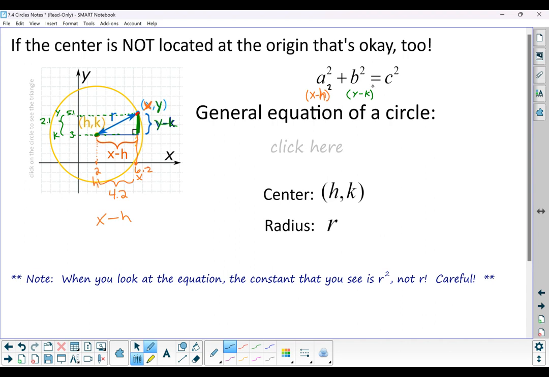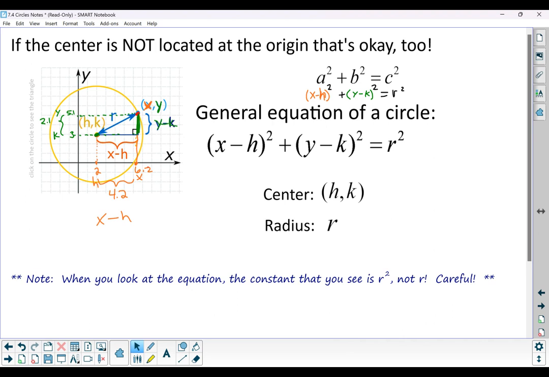And again, we're thinking about right triangles, we're thinking about the Pythagorean theorem, so we square that one as well. And then for the hypotenuse, that's just going to be the radius of the circle. So this is what it ends up looking like. The horizontal leg squared plus the vertical leg squared is equal to the radius squared.